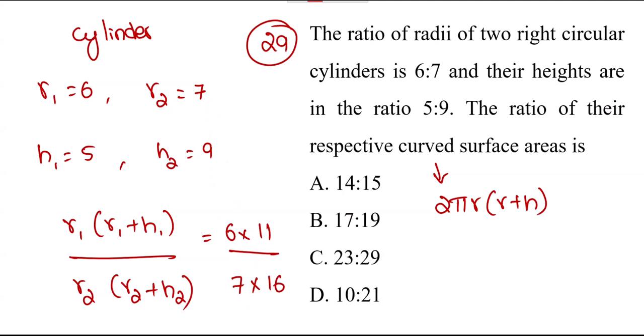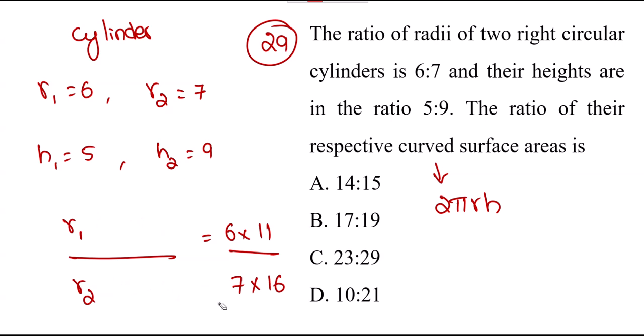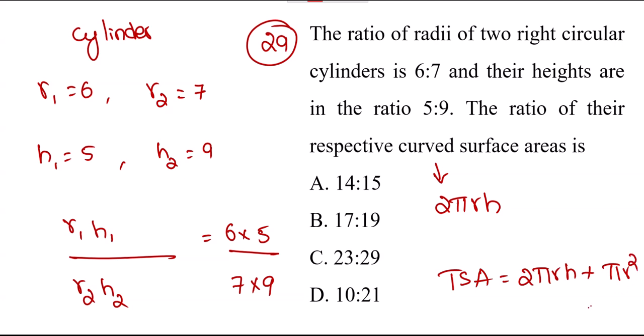Now, they're asking the ratio of curved surface area, sorry. Curved surface area is simply 2 pi r h only. I took total surface area. Curved surface area means we can go directly with curved surface area only, they're asking. So 6 into 5 divided by 7 into 9, it's nothing but 10 and 21. It's 10 and 21. Curved surface area is 2 pi r h, but total surface area is curved surface area plus top plus bottom, top pi r square, bottom pi r square.